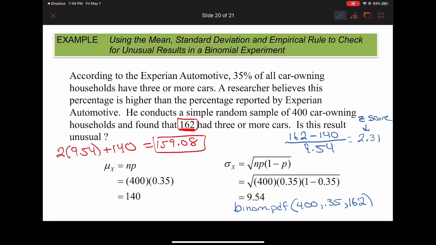Hold on a second, I'm trying to talk and calculate at the same time, and it is not working well. Okay, so my answer here was 0.003. That is definitely less than 5%. Since this is less than 5%, that also confirms that this is an unusual result. So those are 3 different ways that you can calculate that.